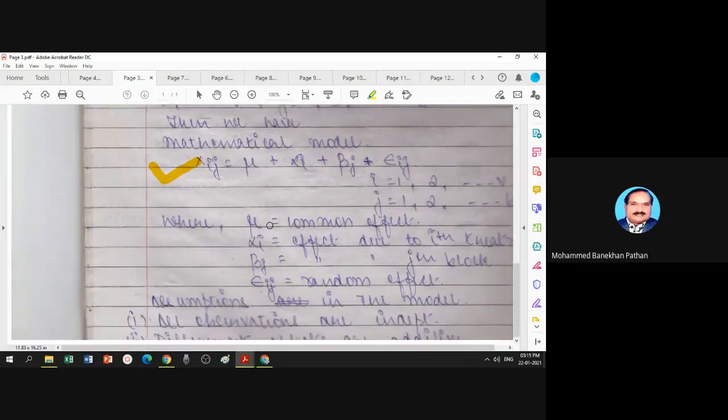We make assumptions on this mathematical model. Number one, all observations are independent. That means all values X_ij are independent. Second assumption, different effects are additive and constant in nature.